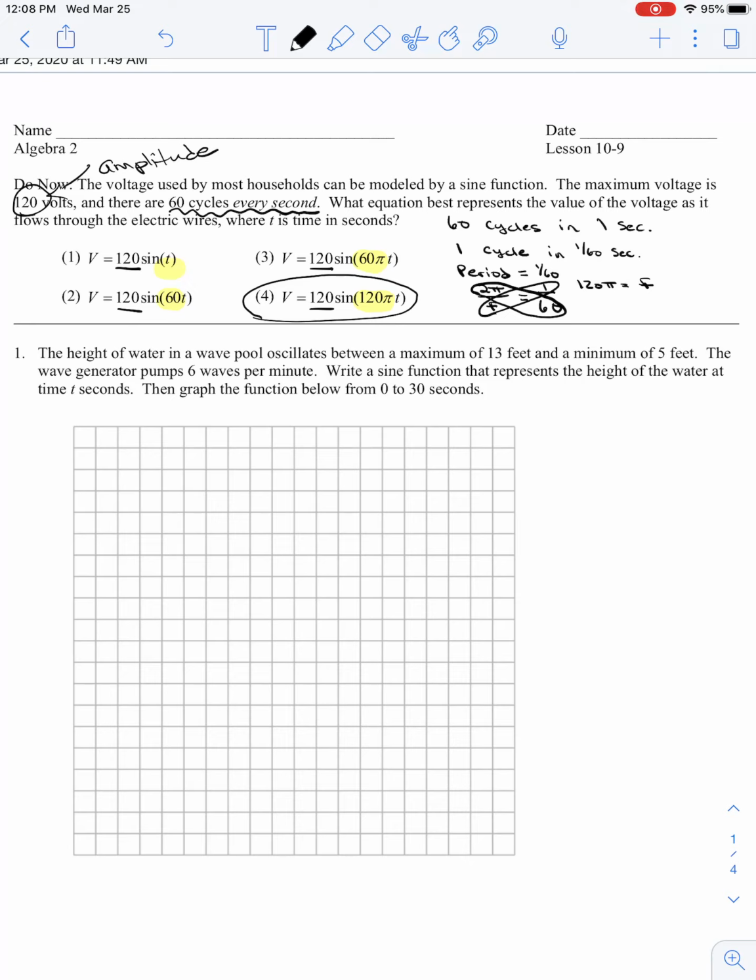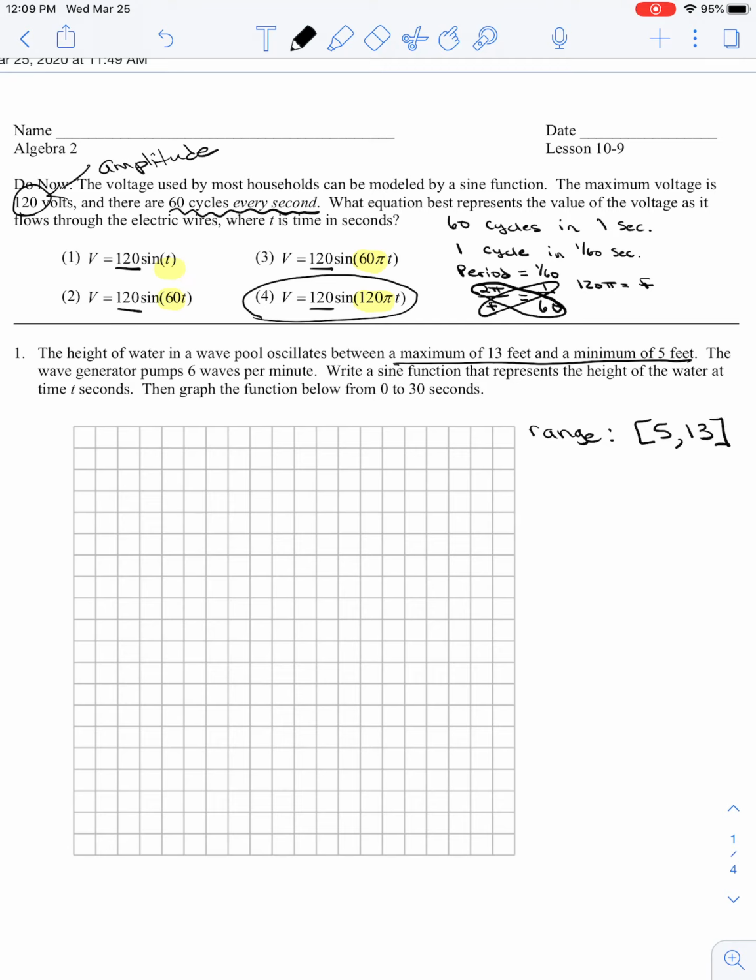One of the first things you should have been able to record was that there's a maximum of 13 feet and a minimum of 5 feet in the water in the wave pool. So that's really telling me my range. I'm going from 5 inclusive to 13 inclusive.